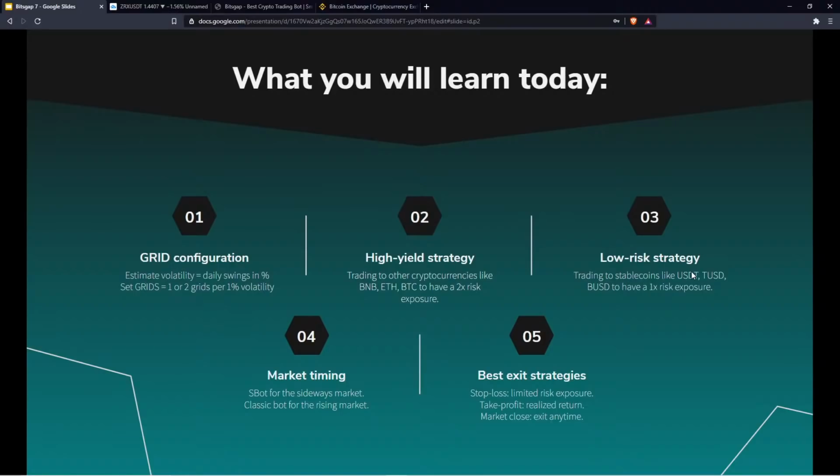Today is going to be the first time when I will explain and show you some high yield strategies, which is basically the one that brings the highest possible return when properly configured in Bitsgap automated bots, as well as the low risk strategies, which are quite conservative but still bring decent returns on a daily basis.